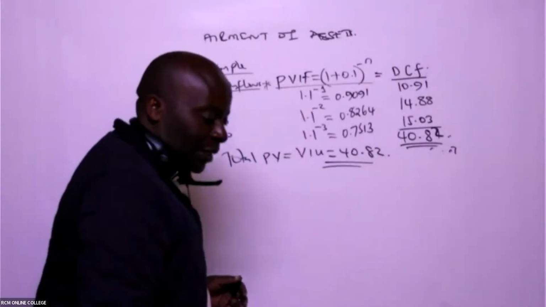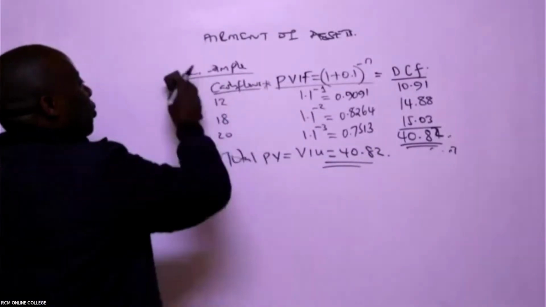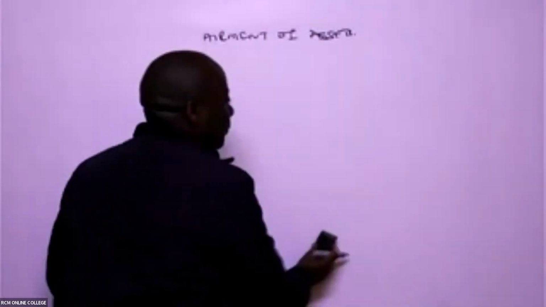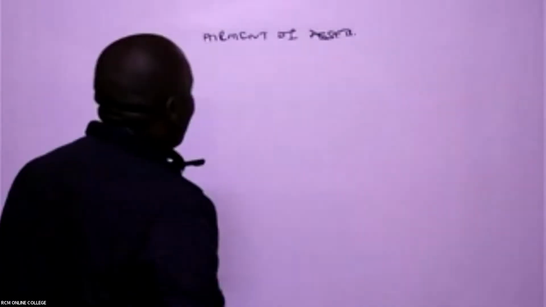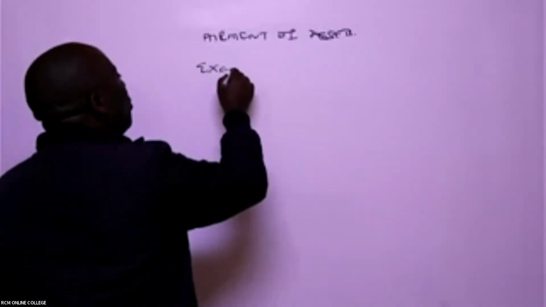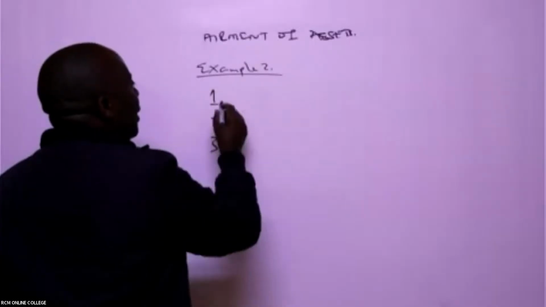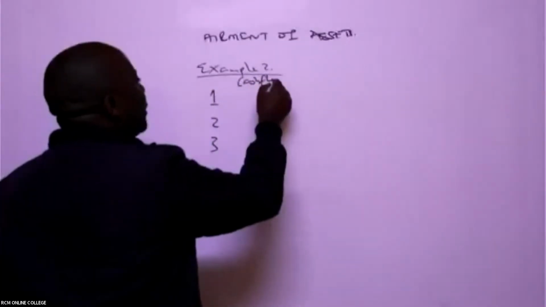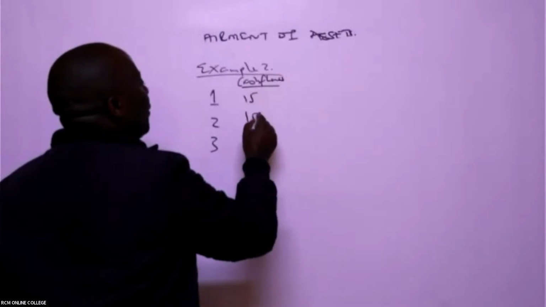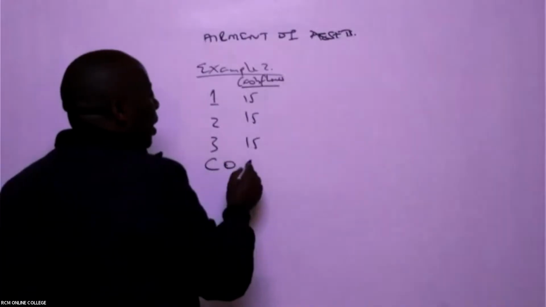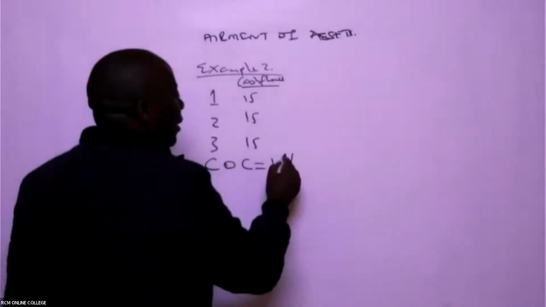Thank you so much. Example 2, ladies and gentlemen, what do we have? Under example 2, we have years 1, 2, 3, and then we have our cash flows. Our cash flows are 15. And then we have our cost of capital, let's use 10%.